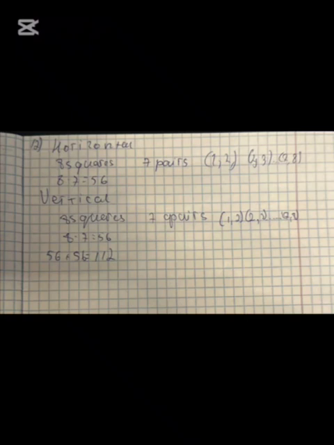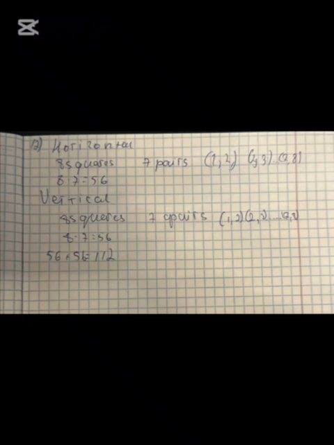Since there are 8 rows, the total number of horizontal adjacent pairs is 8 multiplied by 7, equal to 56. Vertical adjacent squares: each column has 8 squares, so there are 7 pairs of adjacent squares in each column. Since there are 8 columns, the total number of vertical adjacent pairs is 8 multiplied by 7, equal to 56.